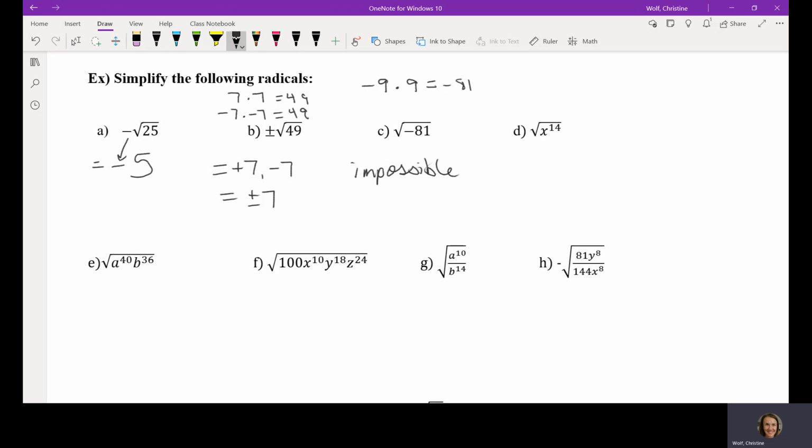That was one of our checklist things. Why did we need them to be even? Because what did we do to them? Emily? We cut them in half, right? Because x to the 7 times x to the 7, we add exponents, so x to the 7 and x to the 7 makes x to the 14. And that's the definition of a square root, something times itself. So you just cut it in half.